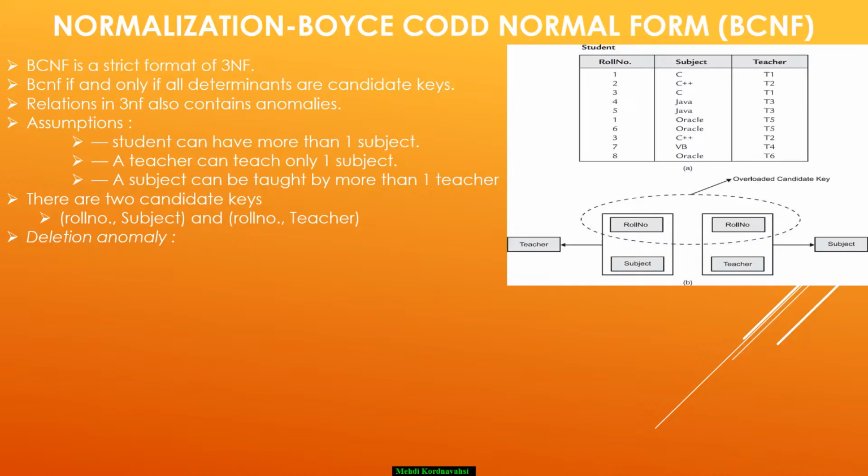The first is a deletion anomaly. If you delete a student whose roll number is 7, you will also lose the information that teacher T4 is teaching the subject, for example, Visual Basic. Let's see in the table.